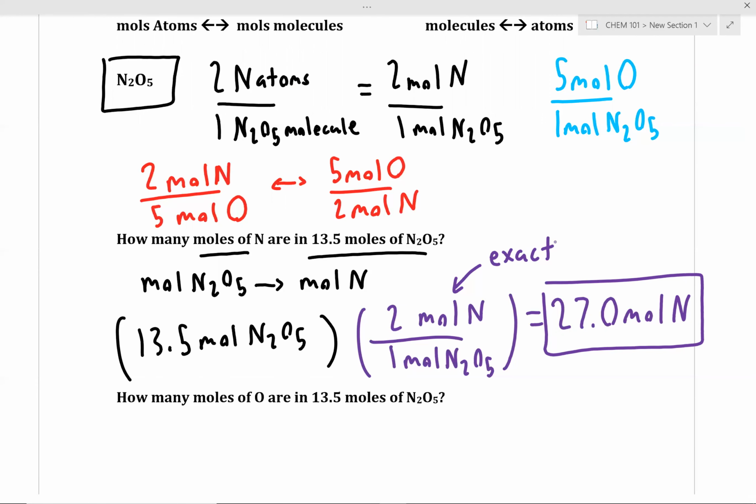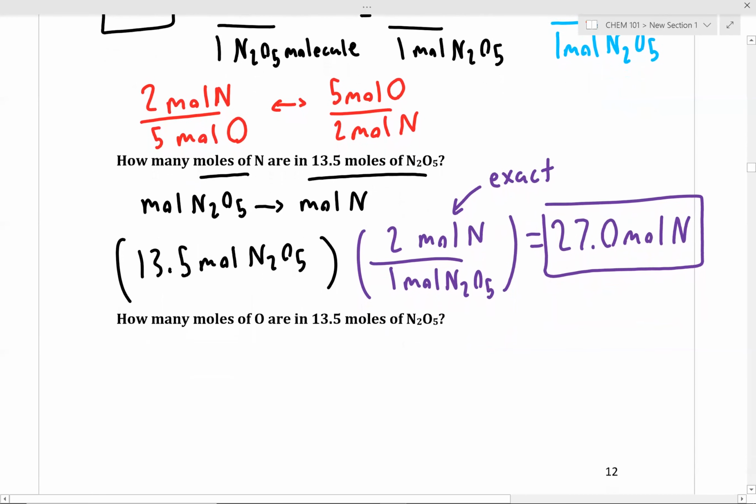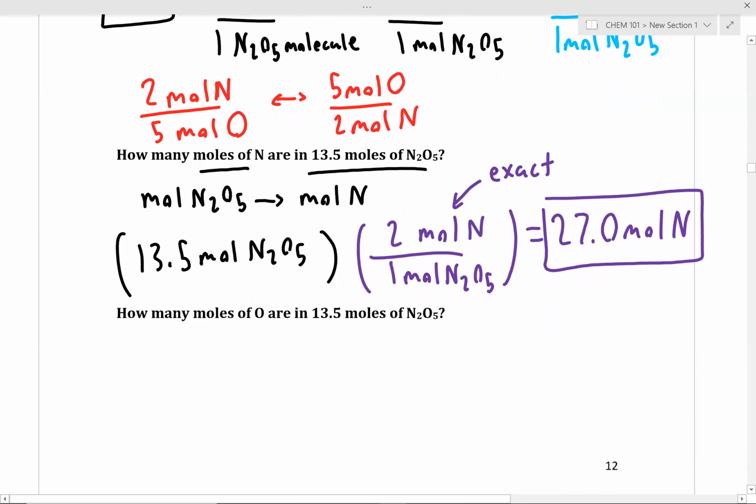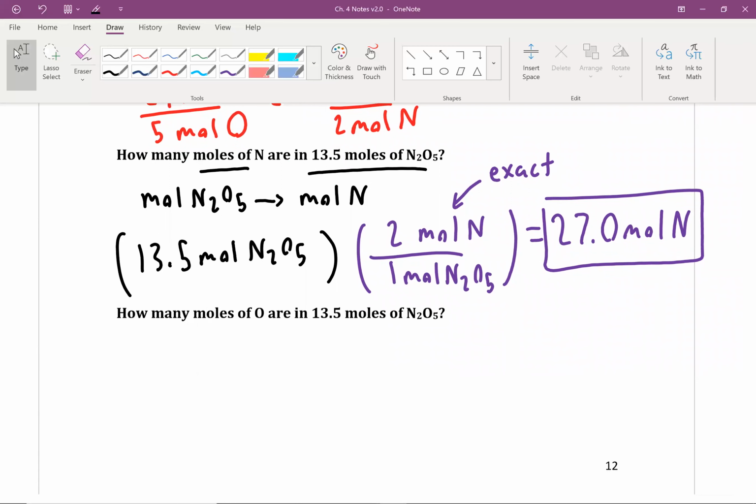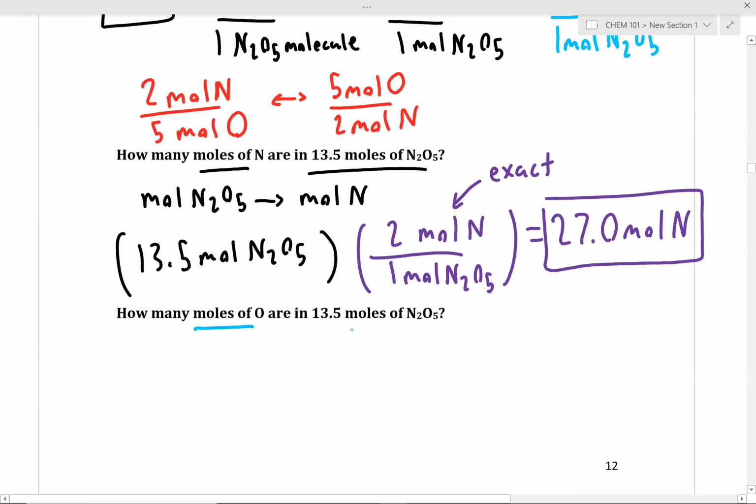Now, what I want you to do is apply this idea of mole to mole ratios, and tell me the moles of oxygen in 13.5 moles of N2O5. So take about a minute and a half to work through that, and then we'll discuss as a group. Everything going okay?